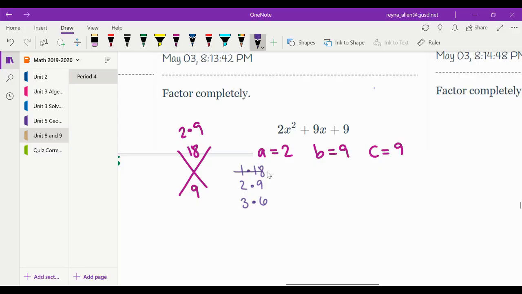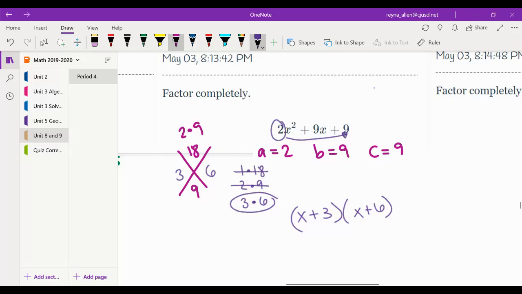1 plus 18, that's not 9. 2 plus 9, that's not 9. 3 plus 6, that is 9. This is positive, so these will be positive. Okay, we did our slide. Now we're going to do our divide.